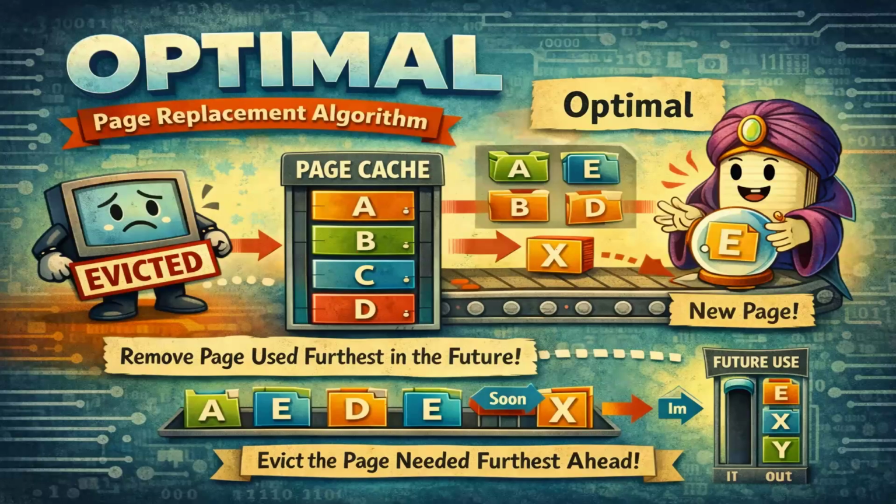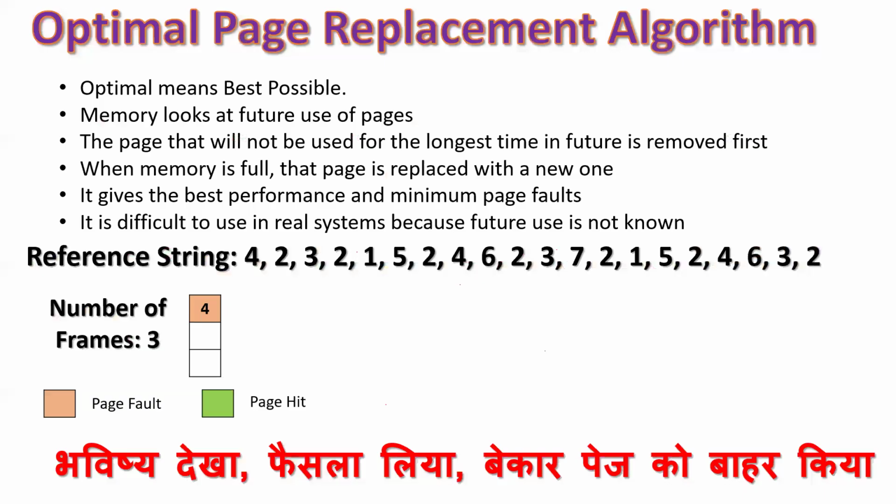So when a replacement is needed, the system predicts the future usage and removes the least useful page, and this results in the best possible performance. The key characteristics: it gives minimum page faults and is considered the best possible strategy. However, it is not practical because future page references are unknown.